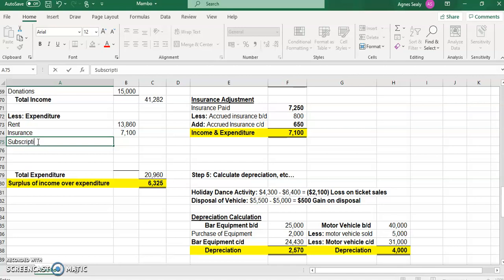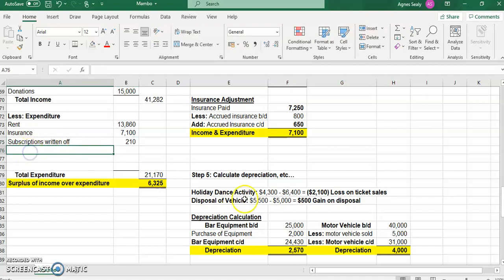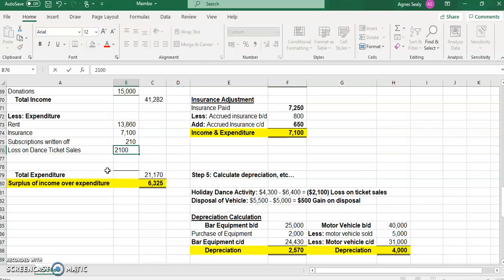So let's put in our subscriptions written off. That was $210. We also had a loss on the dance ticket sale or the dance activity. So that will be counted as an expenditure. So loss on dance ticket sales, $2,100.